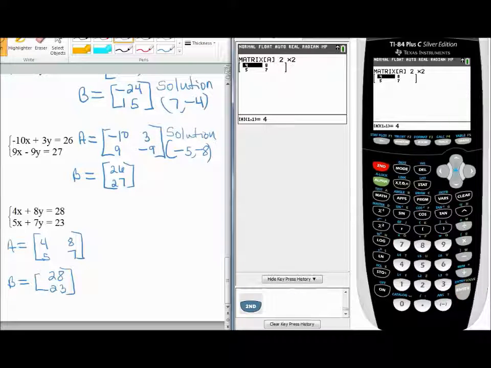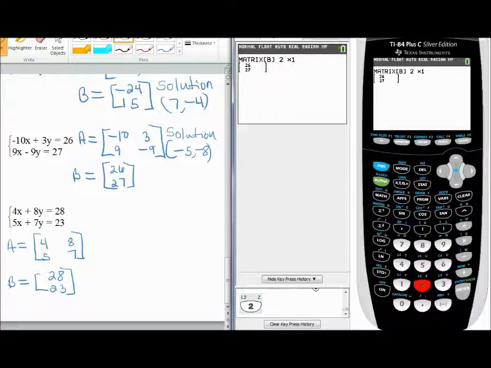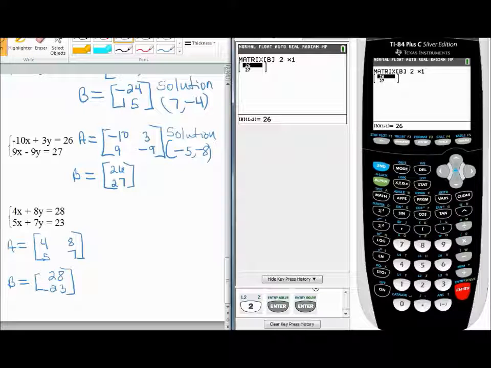Go back to matrix, second matrix. Now I have to enter the data for B, so I'm hitting number 2. Make sure that you're on matrix B and you're not constantly going back into matrix A and getting confused. My entries are 28 and 23. Enter.